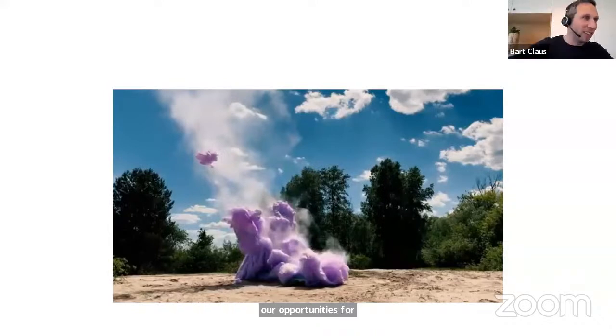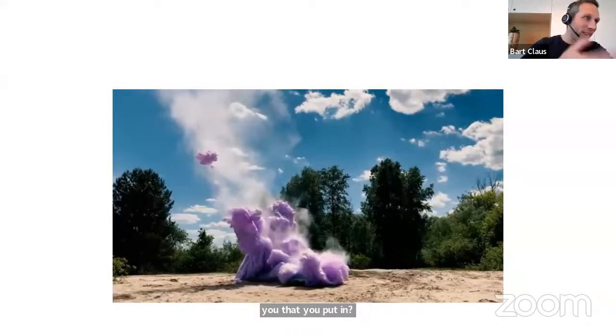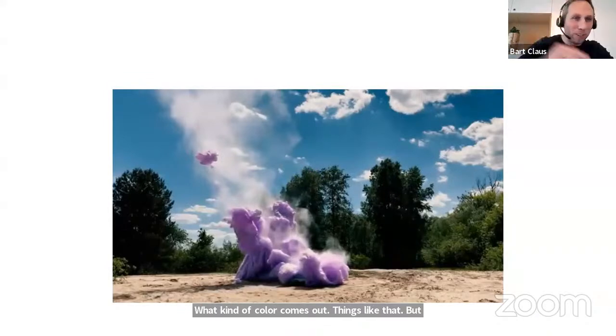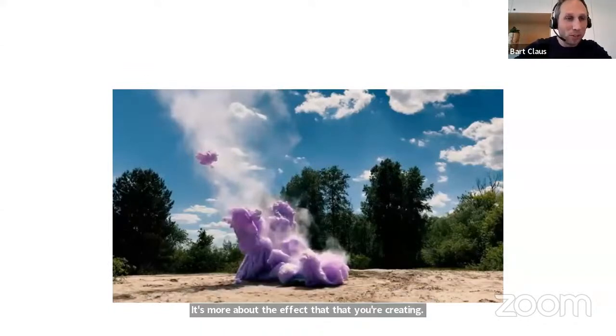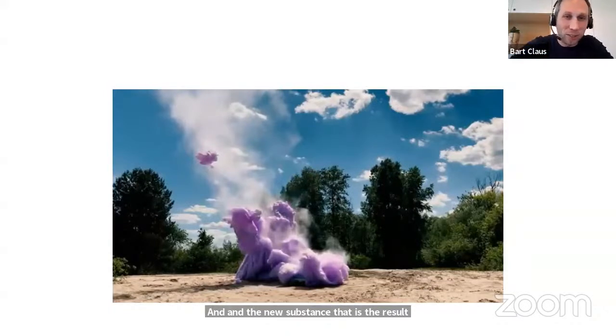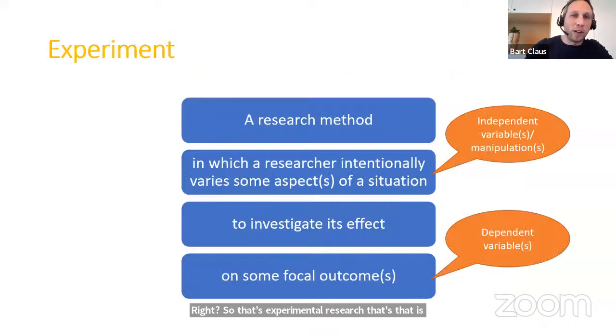How high is this thing going, for example, depending on the ingredients that you put in, what kind of color comes out, things like that. But that's not straightforward, right? It's more about the effect that you're creating and the new substance that is the result of throwing together other substances, right? So that's experimental research that is not my terrain, right? And that I will also not further discuss.